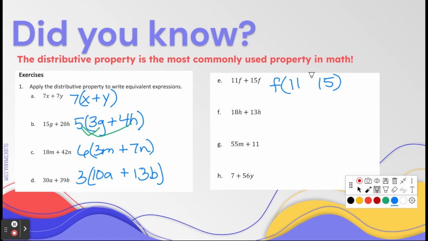Even though, remember, when we are doing our algebra, we are going to be using the dot for multiplication or putting things right next to each other for multiplication. Again, here we have the H as the common factor, and 18 and 13 don't have any common factors. 13 is prime, and this one up here also 11 was prime, because we could have a greatest common factor that is a coefficient and a variable, but in this case, it's not. So we have the H, and then we have 18 plus 13 in parentheses.